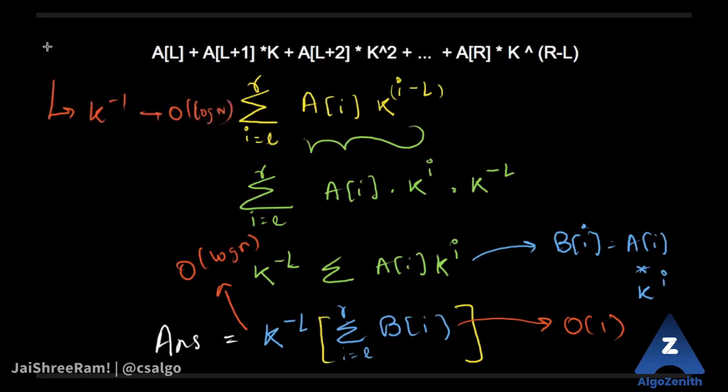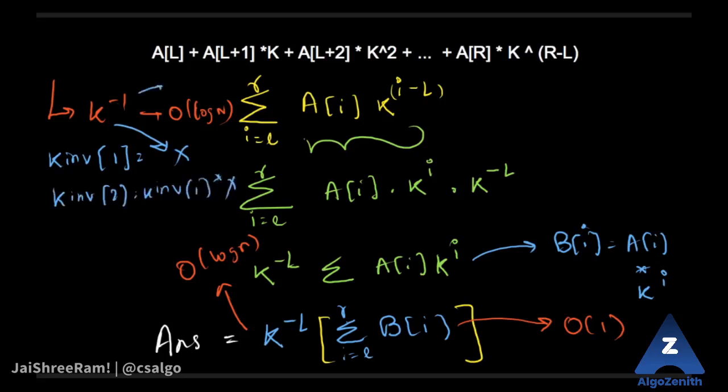And then build an array of inverse powers of k. So what you do is that you build an array of k inverse where you save the k inverse of 1 is equal to this value, okay? Whatever value you get, you put in there. And then k inverse of 2 is equal to k inverse of 1 multiplied by this x, whatever value you have over here. Let's call this x.